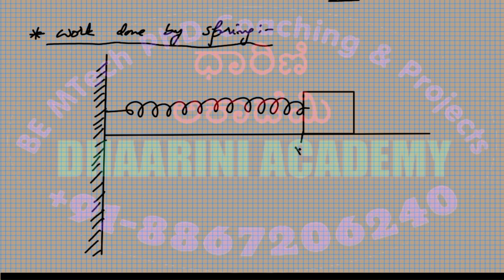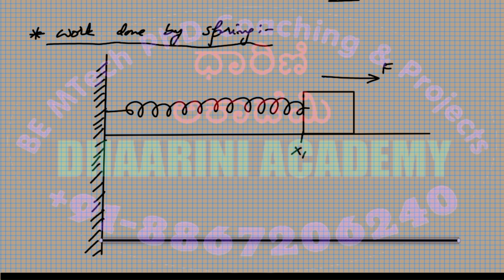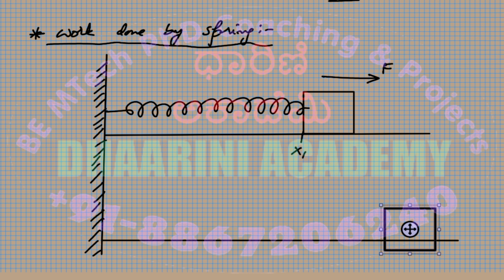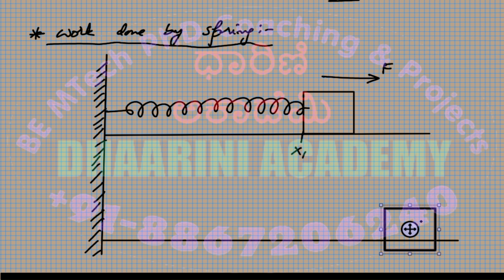This is x1, and I'll apply some amount of force, right? So I apply force in this direction. Because of the force being applied, the object moves. The spring will expand. So because of the expansion of the spring, I have the block being moved to its new position.